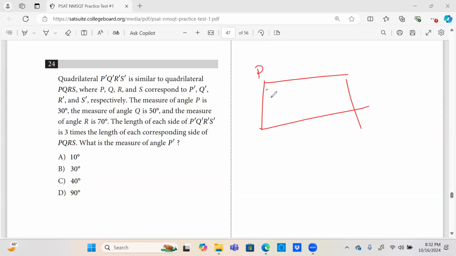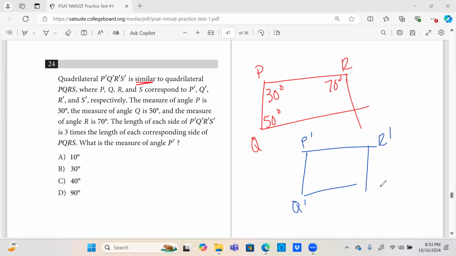It says P is 30, Q is 50, R is 70. All right, and then it's similar to another quadrilateral, P prime, Q prime, R prime, S prime. And the question is, what is the measure of P prime? They're the same. If P is 30, P prime is 30.